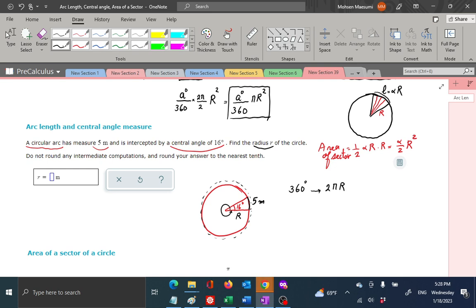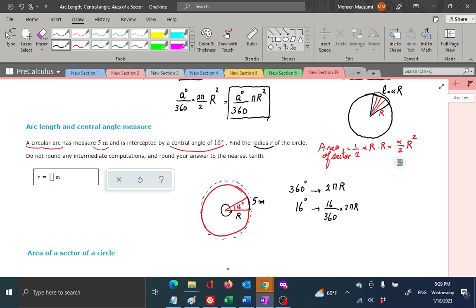You don't know what r is, but the entire circle has a circumference of 2 pi r. So if my angle is 16 degrees, what would be the length in front of it? Well, take a fraction. It says 16 out of 360. Whatever fraction it is, that fraction times the length of the entire circle will be the arc that we are looking at.